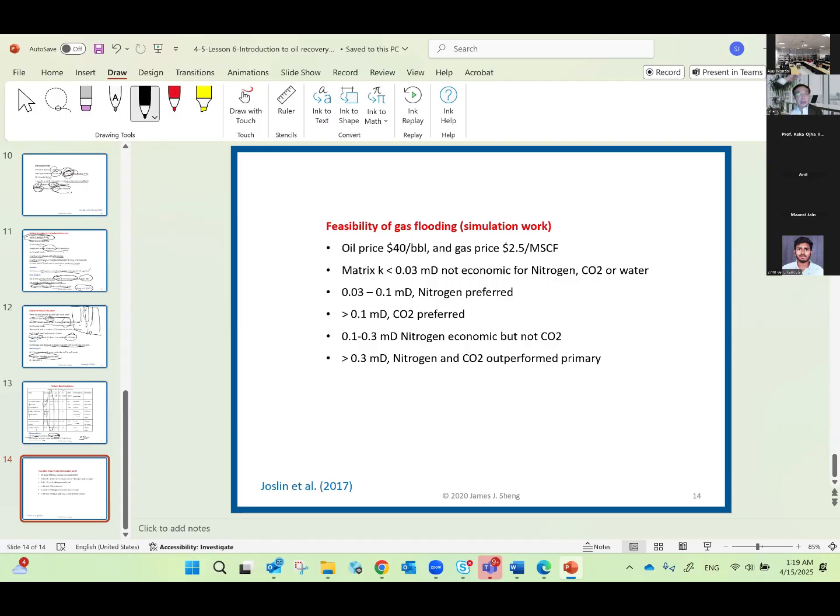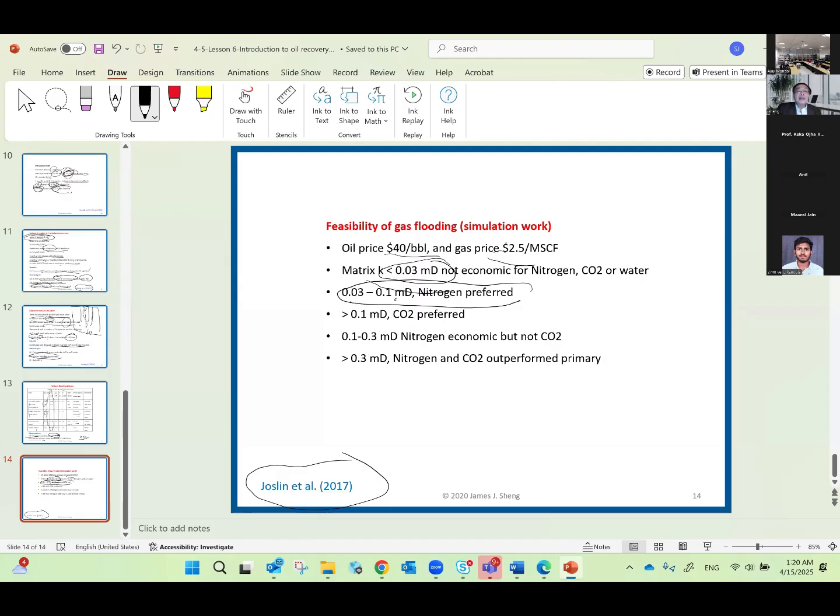Here's another case for gas flooding, and they proposed what kind of reservoir we can use gas flooding in. So oil price is at least $40. Gas price 2.5 per MCF. Matrix permeability less than 0.03 is not recommended. Okay. For 0.03 to 0.1, you could use nitrogen.